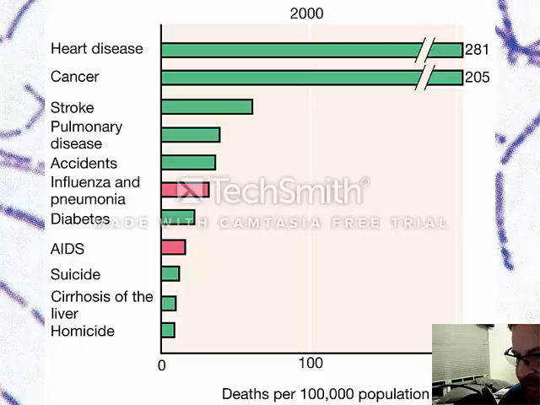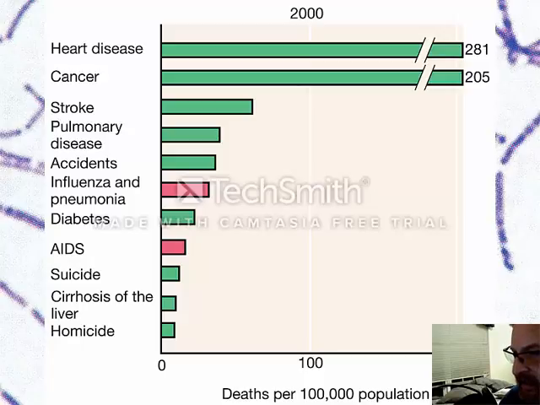We also sort of have the new infectious disease of AIDS in 2000, but you'll also see that heart disease, cancer, stroke, and pulmonary disease are now much bigger players in 2000, and a big reason for that is because people are no longer dying of the infectious diseases. Okay, so they actually live long enough to get cancer and heart disease.